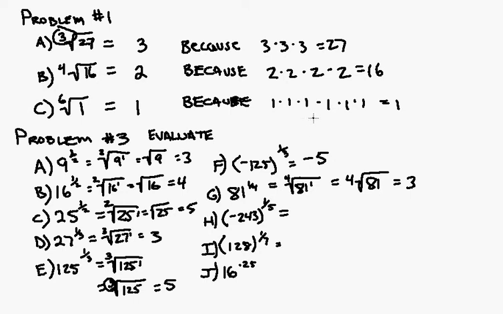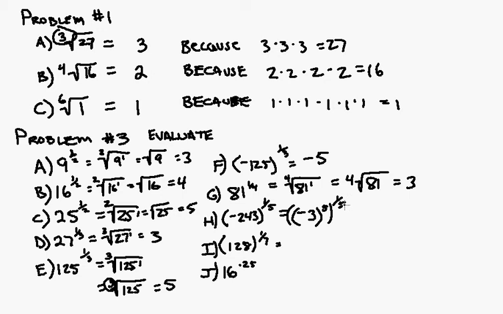Negative 243 to the 1/5. Well, let's see here. What number could I use? Okay, this is the same as negative 3 to the 5th, to the 1/5.